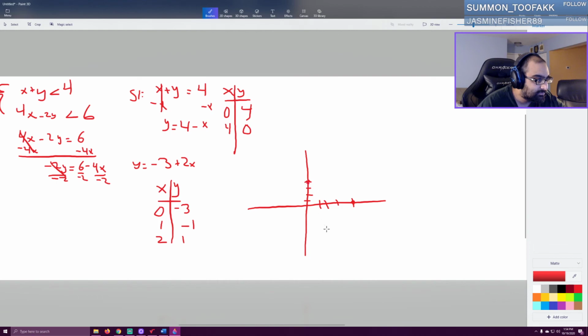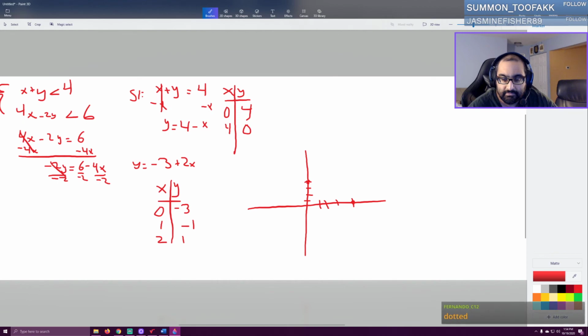Okay, so here's the question that I have. What kind of line should we put here? Should we put a solid line or a dotted line? That's right, Fernando, that's correct. A dotted line is correct.